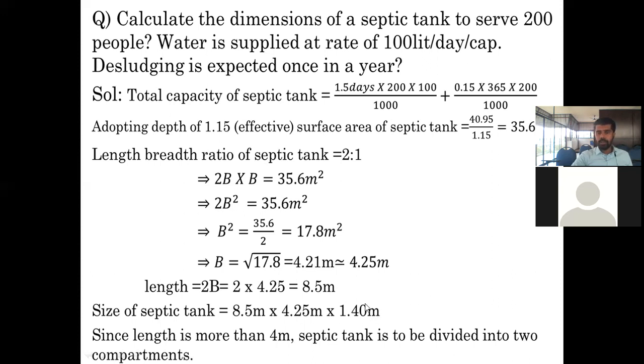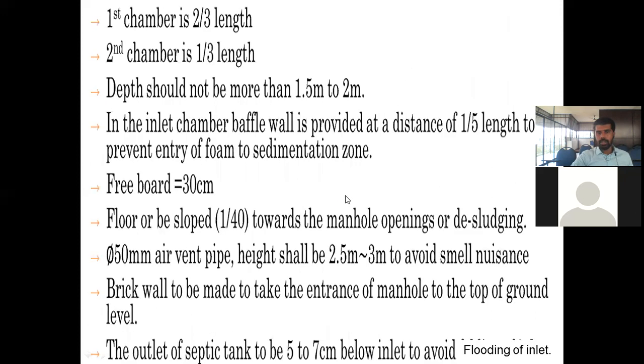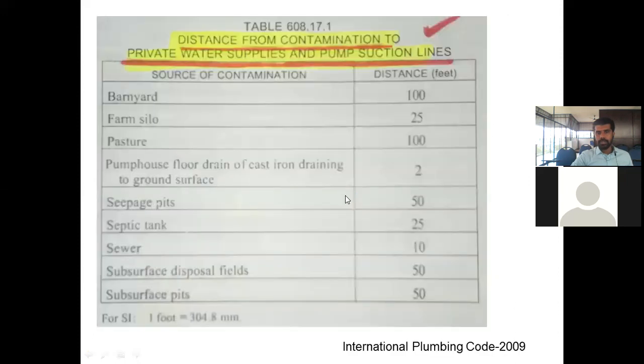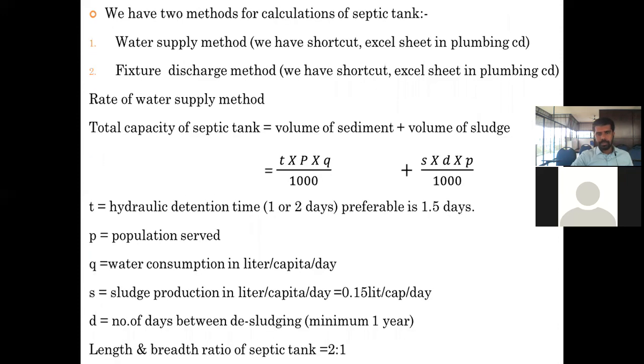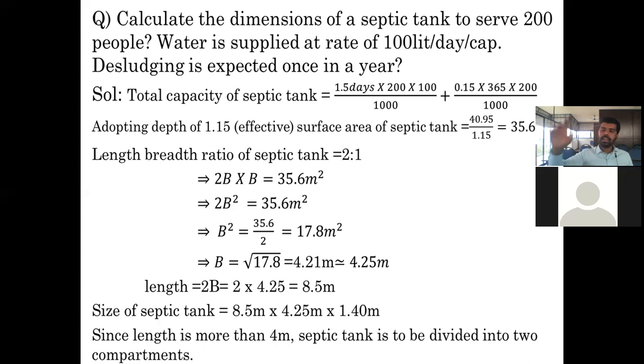1.4. How did you get 1.4? Actually the effective height is 1.15, and the height you can give as 1.45 also. Instead of 1.4, you can give 1.45. Why? Because the rest is the effective freeboard. You need a freeboard, right? There should be a freeboard. That freeboard is 30 to 50 centimeter.